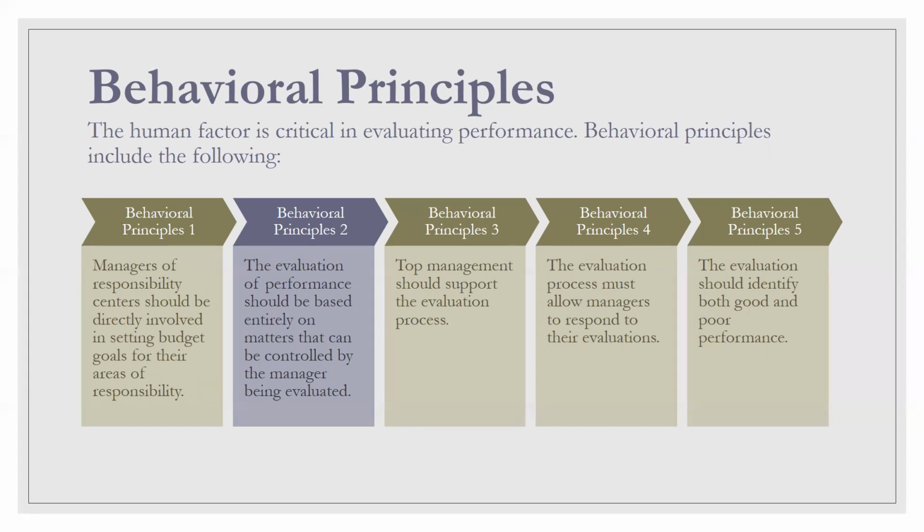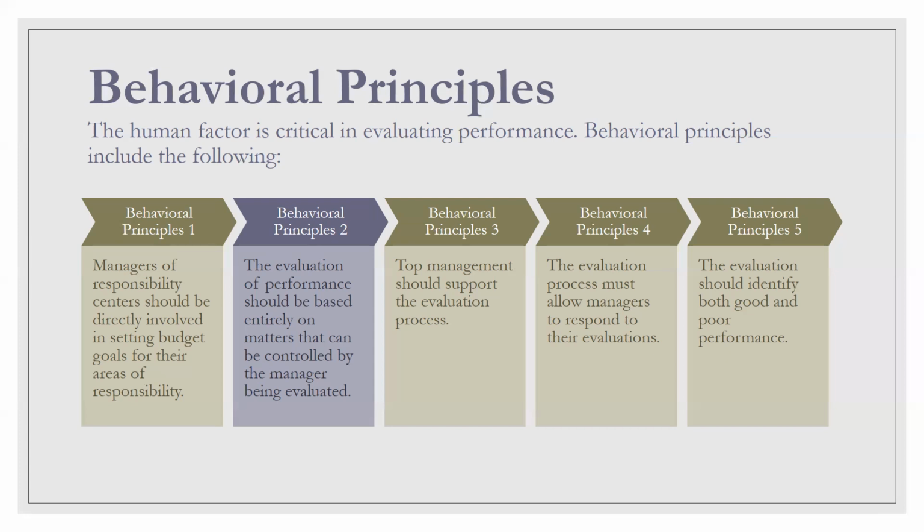Number three, top management should support the evaluation process. As explained earlier, the evaluation process begins at the lowest level of responsibility and extends upward to the highest level of management. Managers quickly lose trust in the process when top management ignores, overrules, or bypasses established procedures for evaluating a manager's performance.